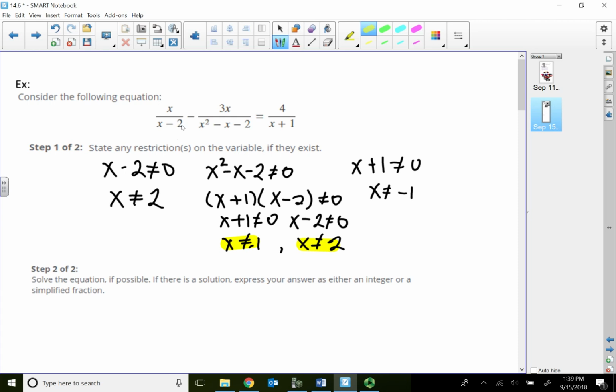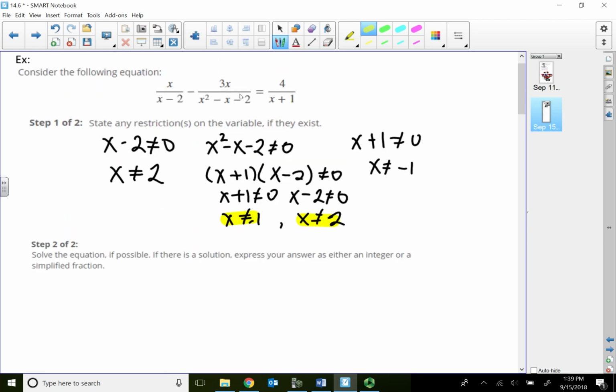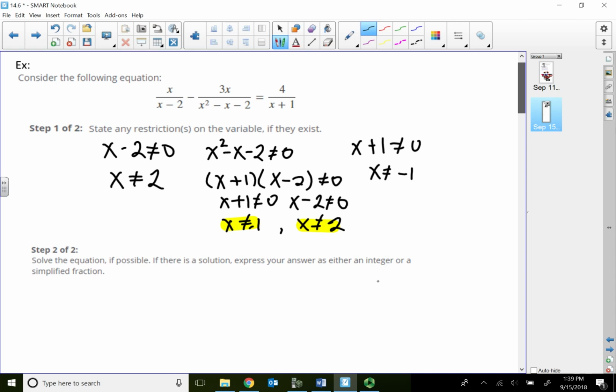All right, since I already factored my denominator here in the middle, that would be a lot easier to find the LCD. All right, let's find the LCD before we multiply every term by that. So x minus 2, there's nothing to factor out other than 1. So I'm going to put it in the parentheses.